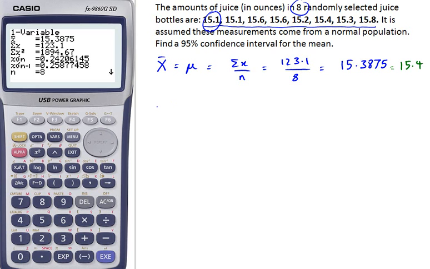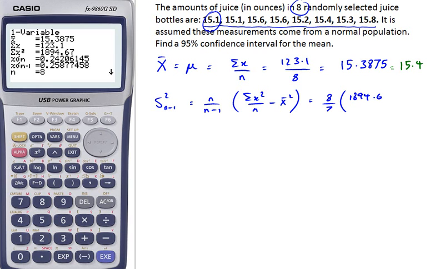Now we've got to work out an estimate of the population variance, and for that we're going to use Sn-1 squared, and that formula is n over n-1 into the sum of x squared over n minus the mean squared. So those figures will be 8 over 7, and sum of x squared will be 1894.